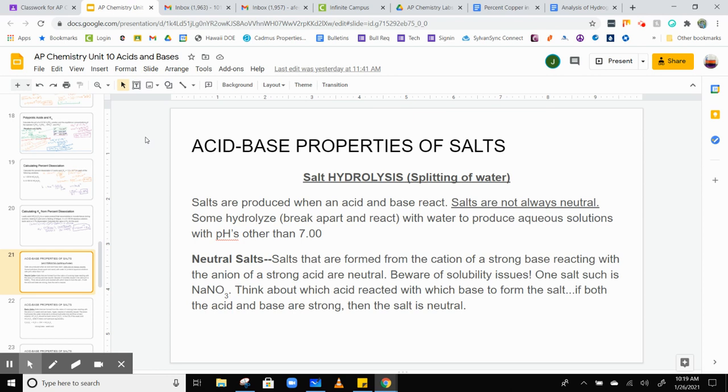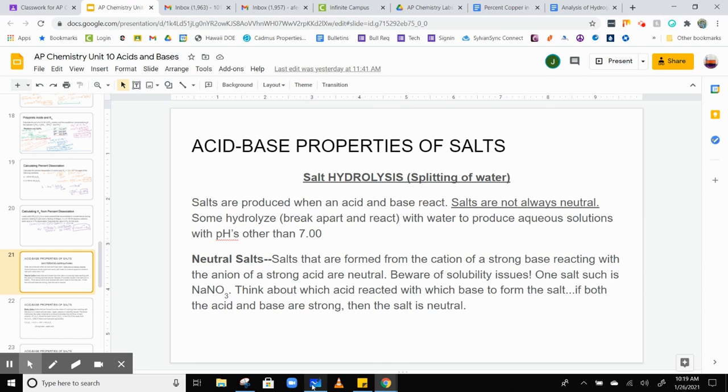Some are neutral. Okay. Neutral salts are formed from the cation of a strong base reacting with the anion of a strong acid. So for example here, NaNO3. Okay, think about which acid and base reacted to form those two things.